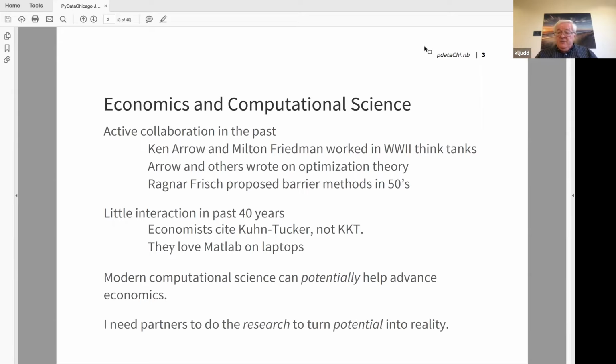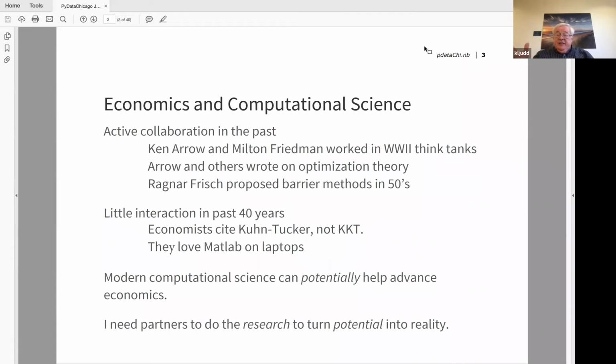Ken Arrow and other economists in the 1960s worked on optimization theory problems, and Ragnar Frisch, who was the founder of the Econometric Society and Econometrica, actually proposed barrier methods for linear programming in the 1950s. Now, that didn't go anywhere because in the 1950s, you only had single precision arithmetic, and also you did not have the kind of linear algebra software and algorithms that was necessary to deal with the instability problems of barrier methods. But anyway, that was an economist who was involved in developing in the computational science literature.